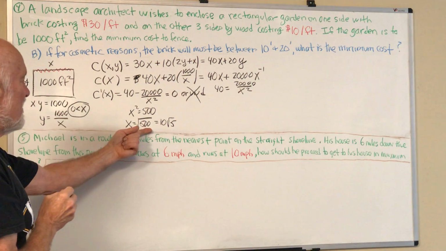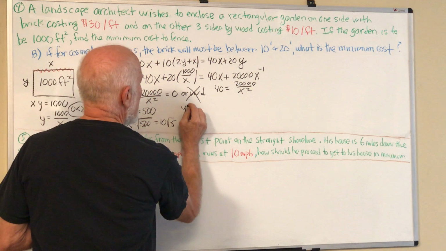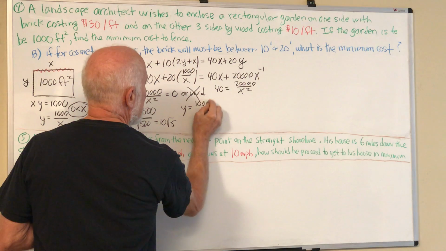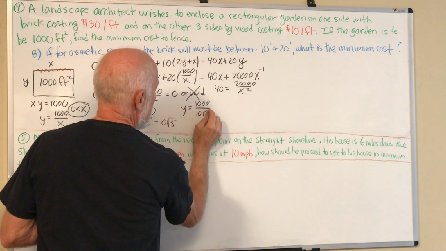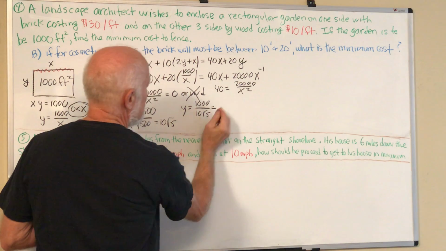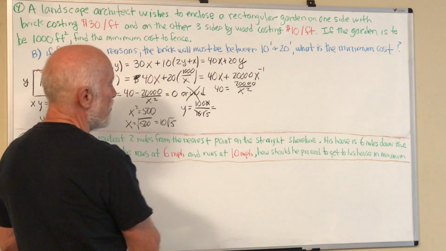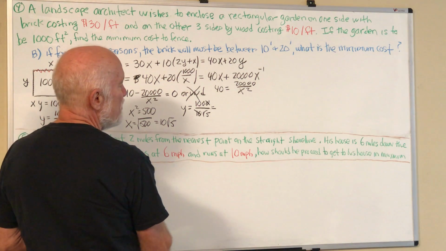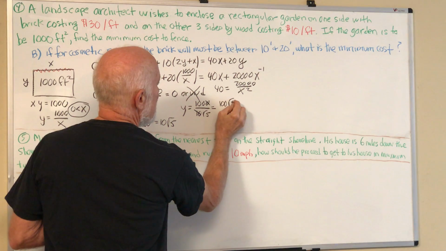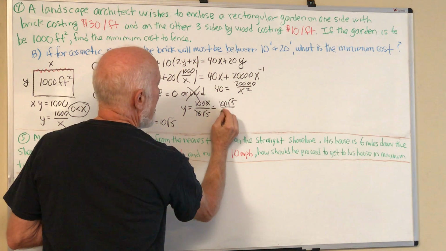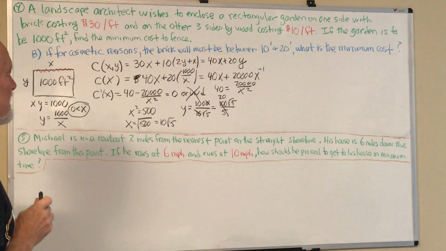Now we know what X is, and from our relationship over here, we can say Y is 1,000 over 10 root 5. One of the zeros cancel. And if you rationalize your denominator, you have 100 root 5 over 5, or 20 root 5.